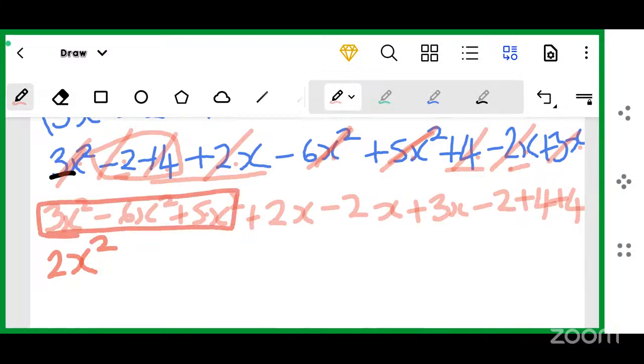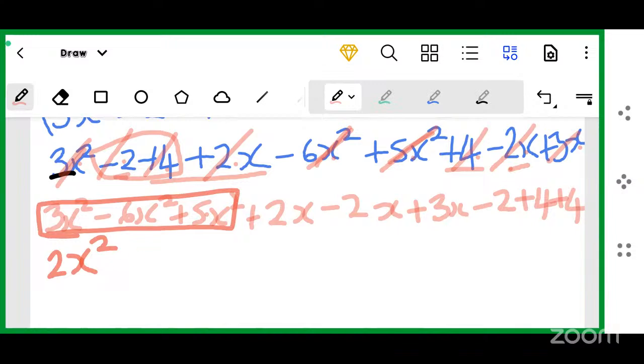So what is the next letter or number? So plus 2x minus 2x plus 3, which equals 3x.